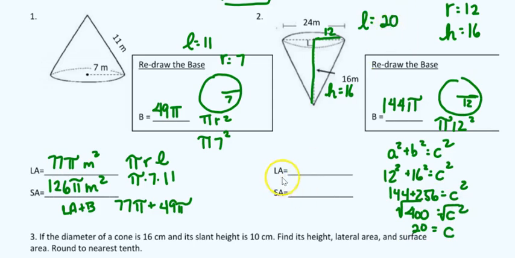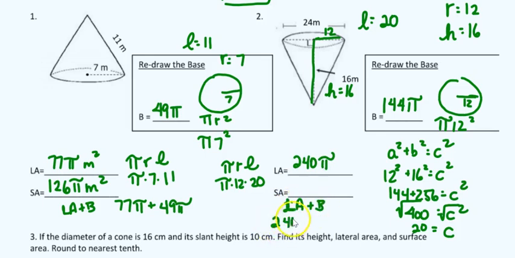All right, we're ready to do our lateral surface area. So pi r L, pi times the radius times our 20 is going to give us 240 pi. Surface area is going to be LA plus B. So total surface area is the lateral surface area plus that extra base area.